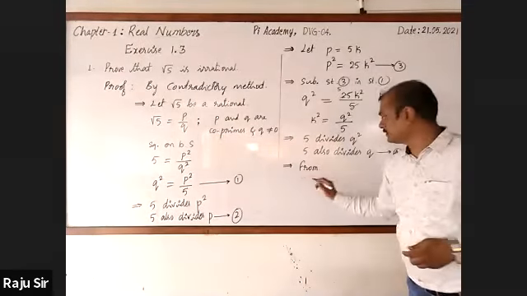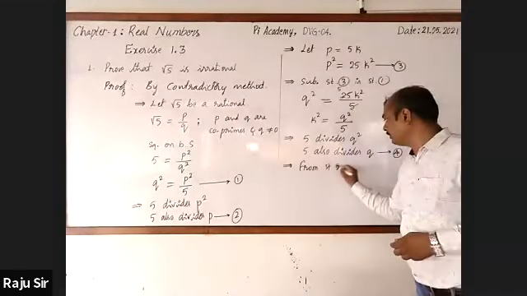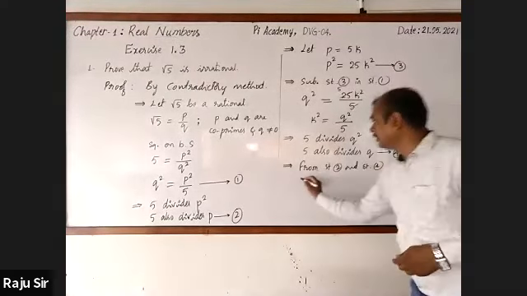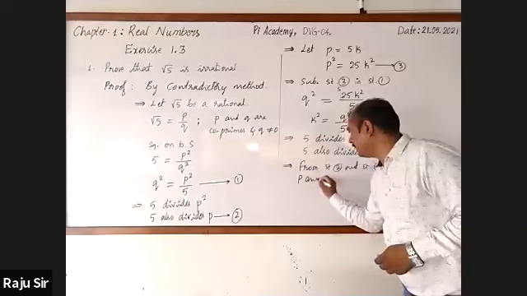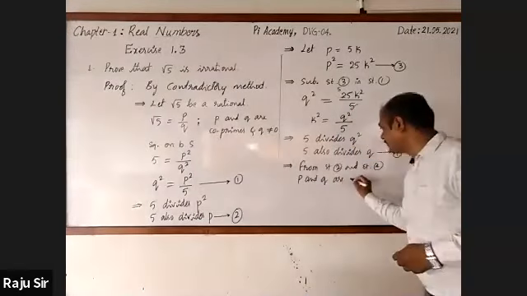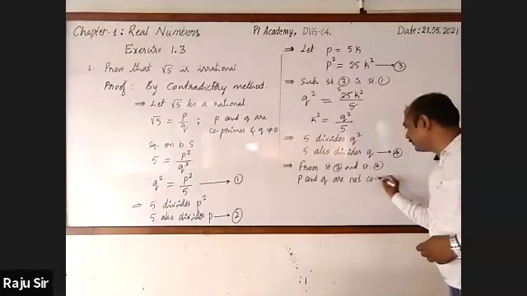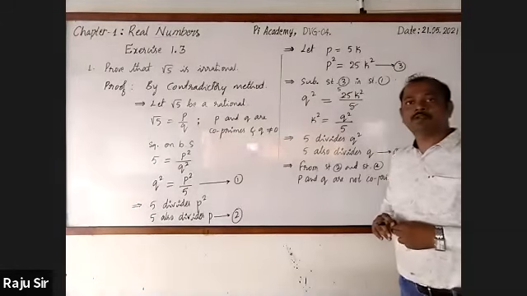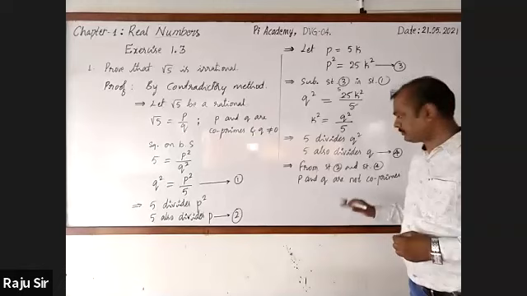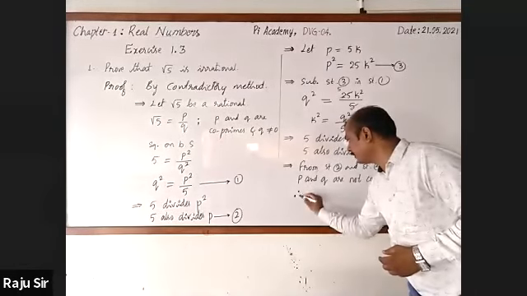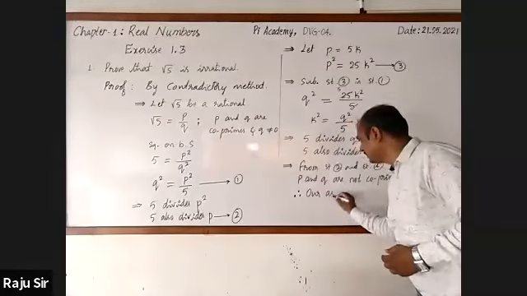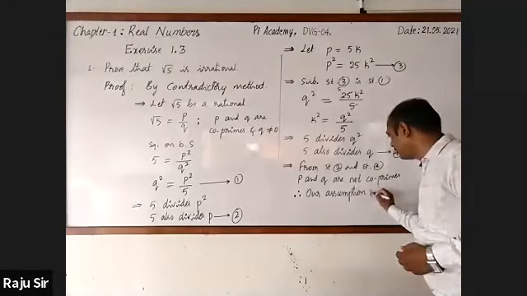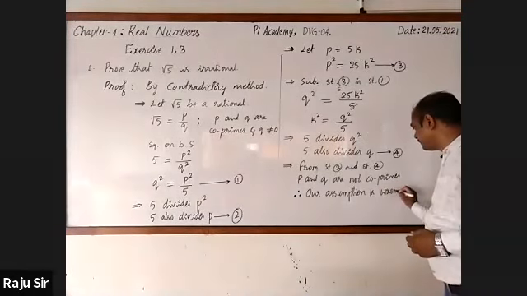From the statements 2 and 4, we can write P and Q are not co-primes. Therefore, our assumption is wrong.